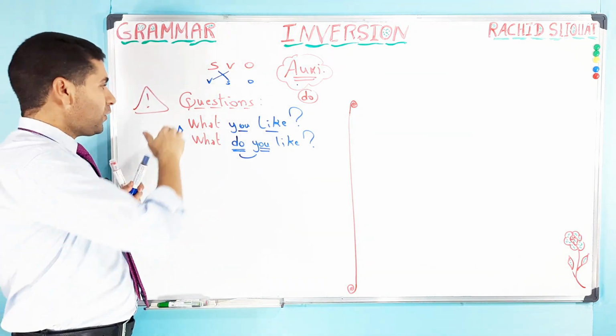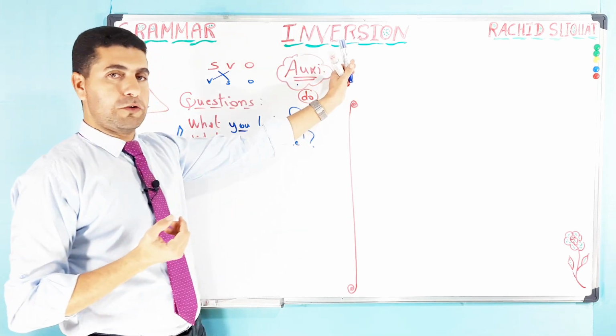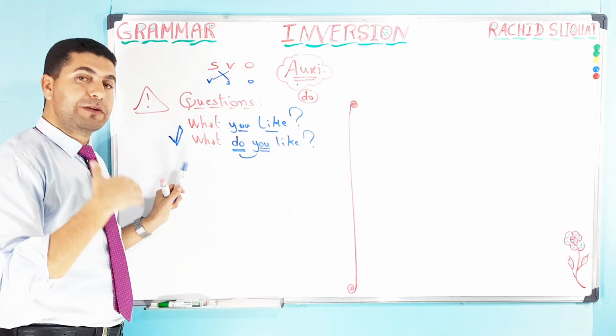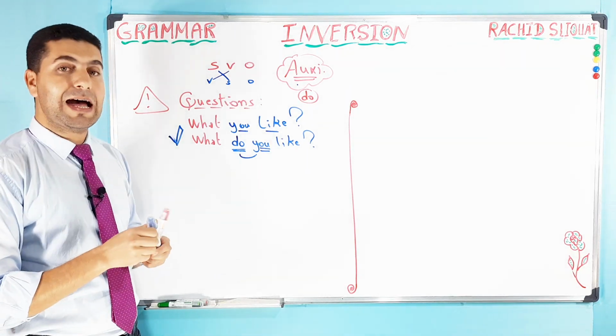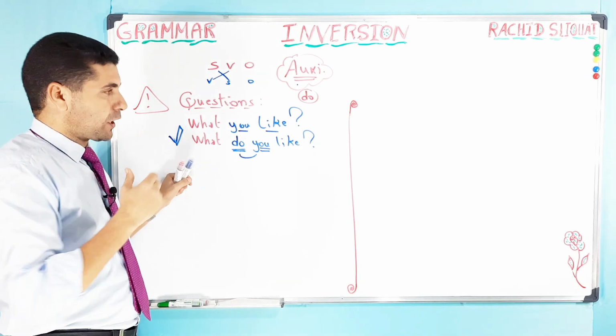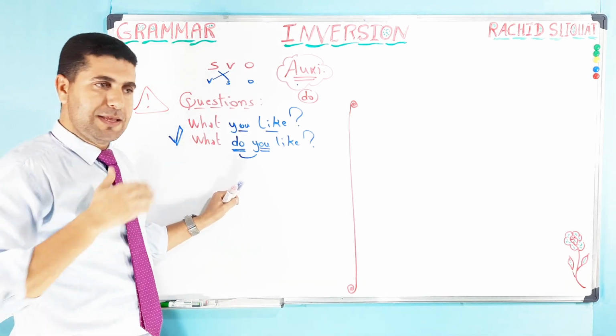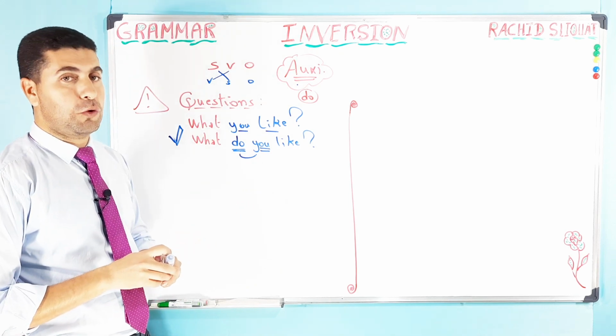Now, questions are not the only cases of inversion, okay? We have several cases in which inversion is highly required. Today in this episode, maybe we are going to cover one case, and in the upcoming episodes, we are going to cover other essential cases.